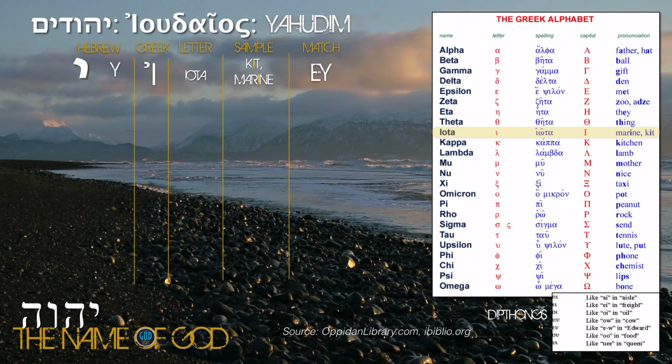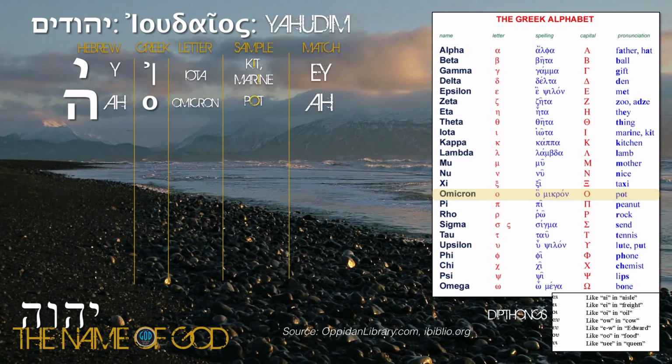But the sample pronunciation is attempting to copy here the Hebrew Y. This was the closest they had in Greek. And actually, when you add the second letter, you'll see it's actually pretty close. And that will do.